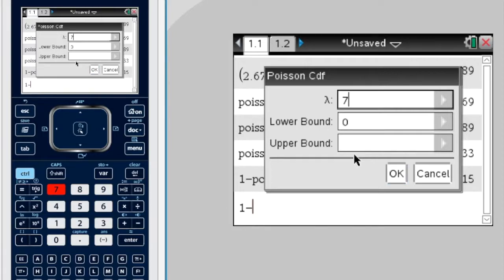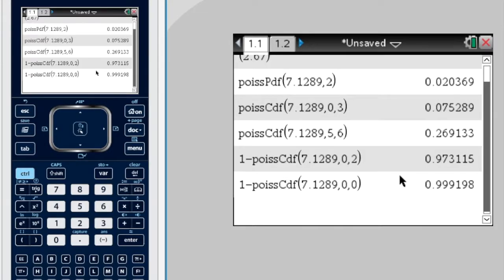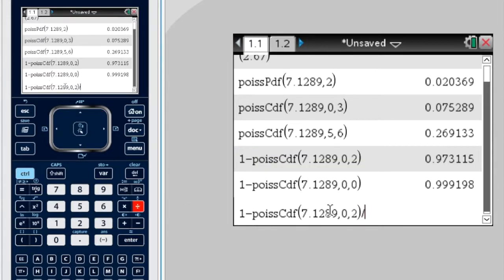Put in our mean, lower bound is 0, upper bound is also 0. Press OK. And there's my denominator. So what I've just found is the probability if x is bigger or equal to 1. Now basically I want to put that on top of that. So if I go up, it's this divided by, up again, this.